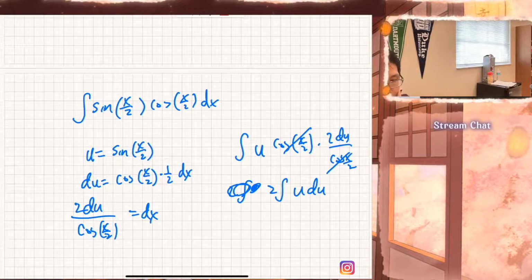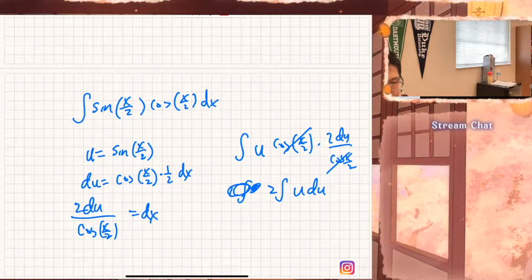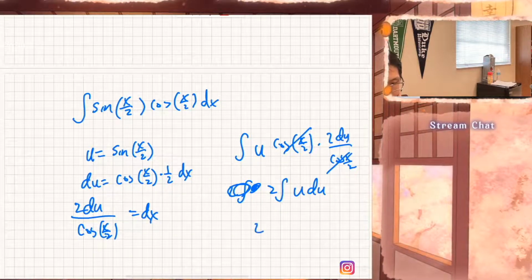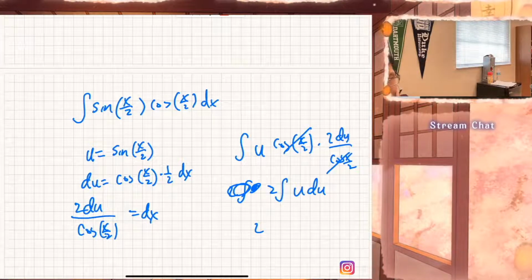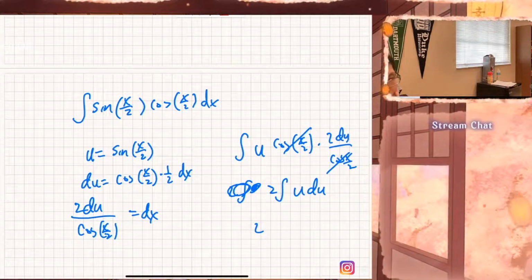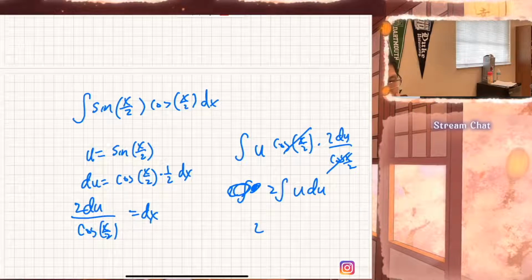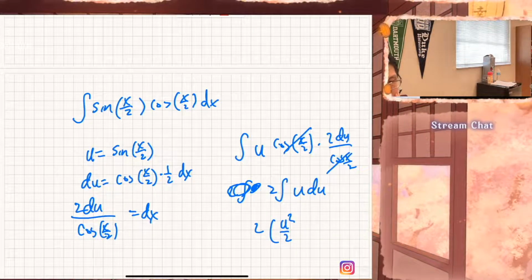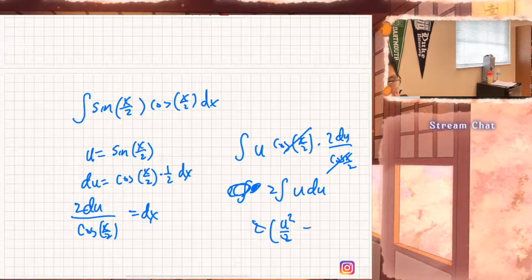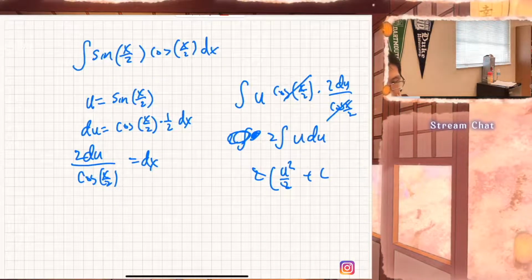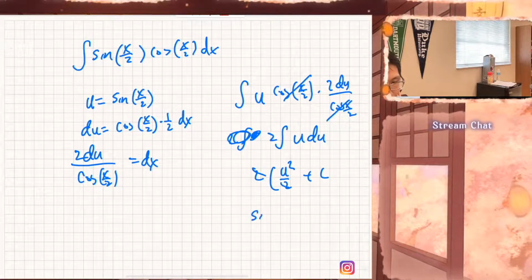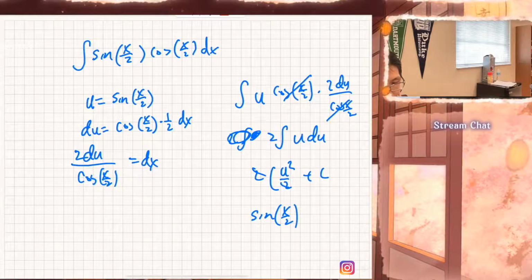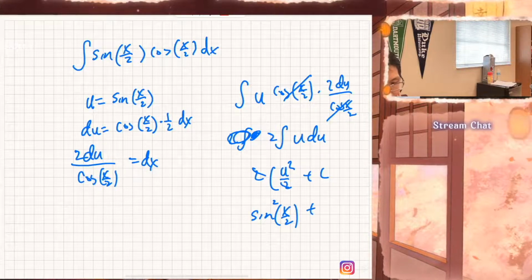And what's the integration of u? U squared over 2, right? So u squared over 2, and then plus c. So what is u? U is going to be sine of x over 2, squared, over 2, plus c.